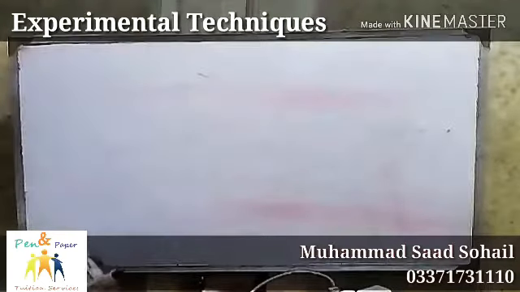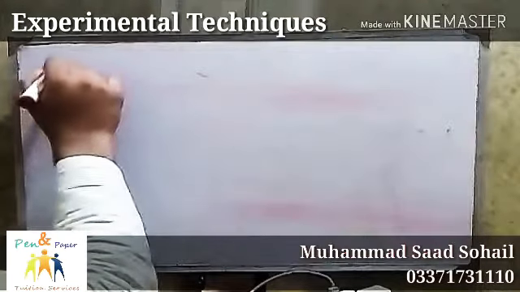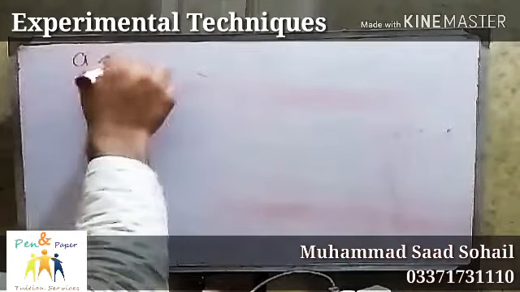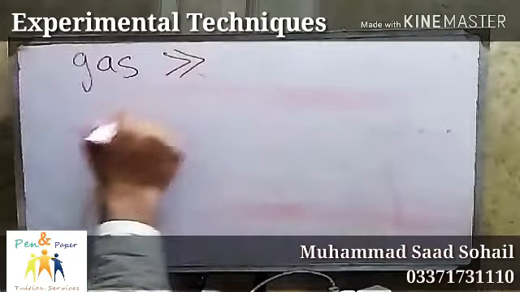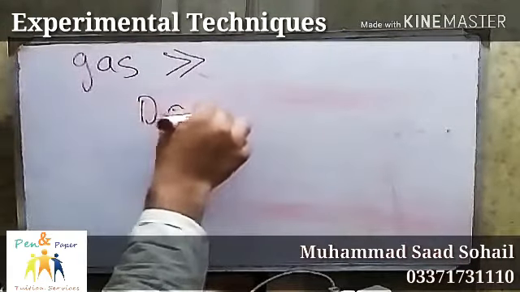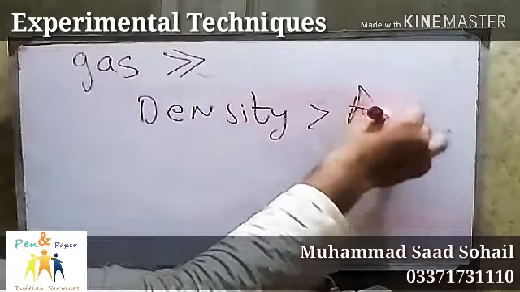Now the method used to collect gases which are more dense than air, like for example there is a gas which is far more dense, with density greater than that of air.